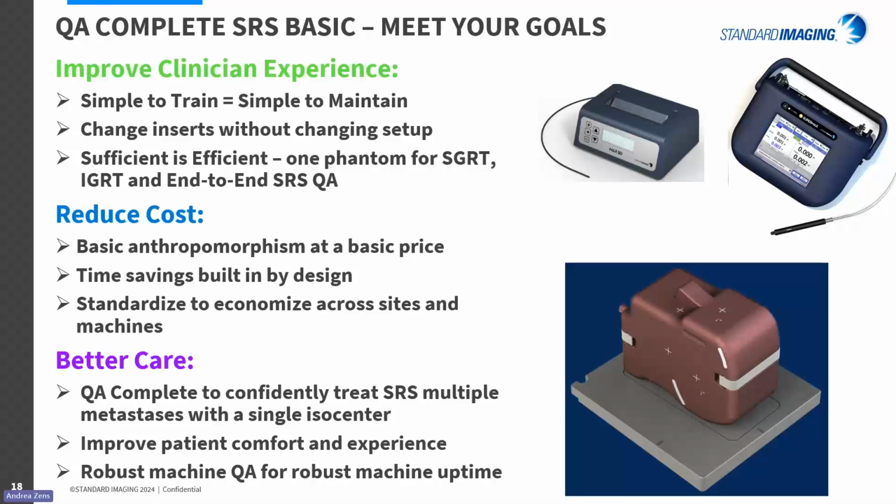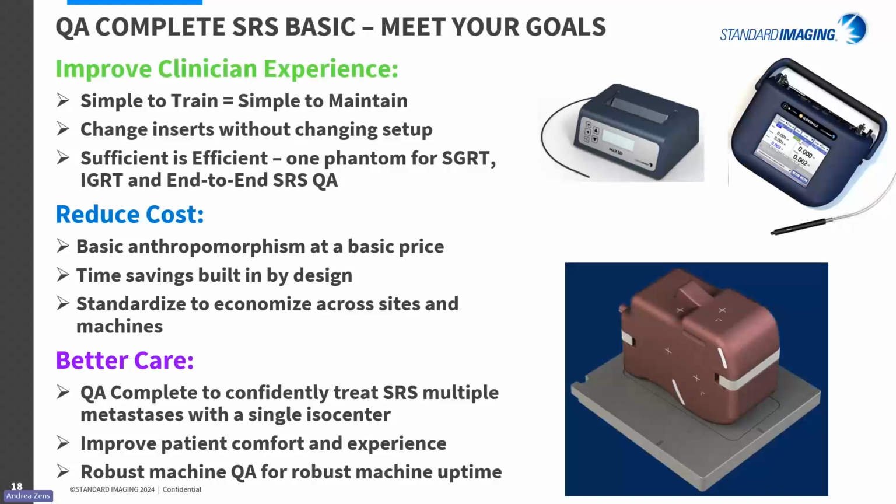It is important to keep in mind as you're making a decision about what to use throughout your organization. Sometimes we have physicists that move from site to site. Some certain QA is performed less frequently than others. What is easy to train is easy to maintain. There are very few moving parts with the Lucy EA, so very, very easy to train on. What is sufficient is also efficient.